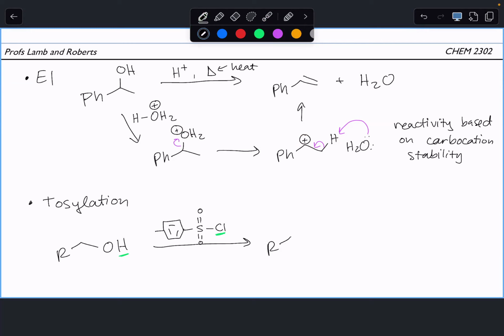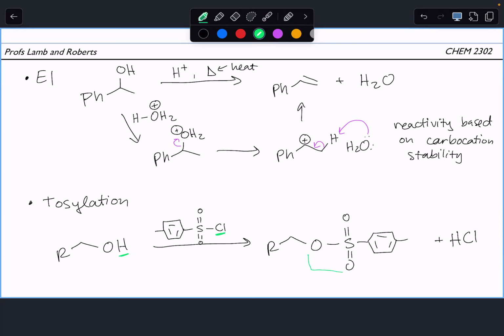So I'm going to have my alcohol now attached to my sulfur, like so. Probably should have drawn that tosyl chloride in the opposite direction, but it is what it is. So we did that, and we joined, and we got HCl as our byproduct.